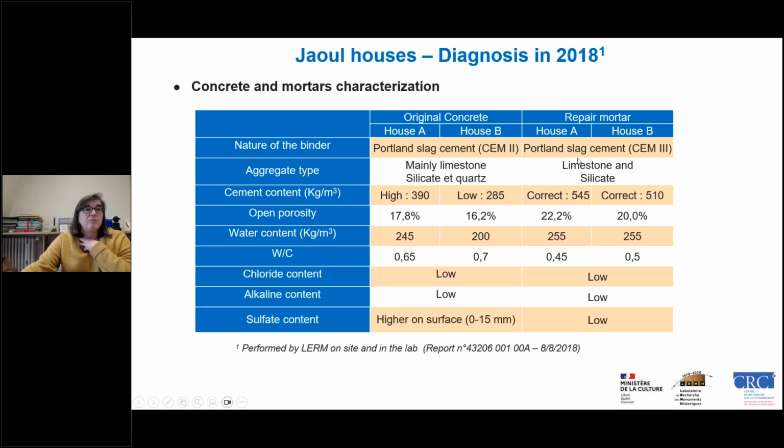And for the repair mortar that was used, we had a slag cement, limestone and silicate aggregate, which was a little distinct from the original one, quite high porosity of the repair mortar, and lower water to cement ratio than the original one.